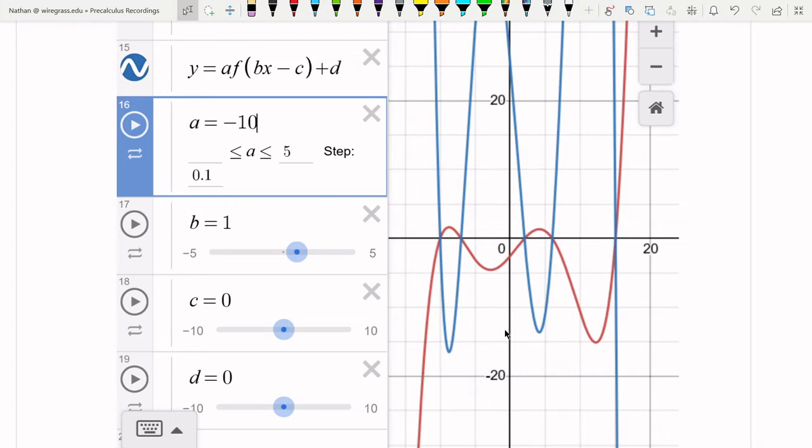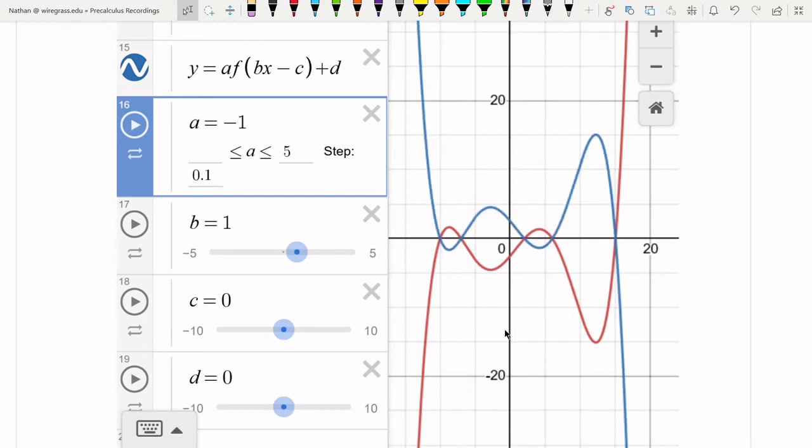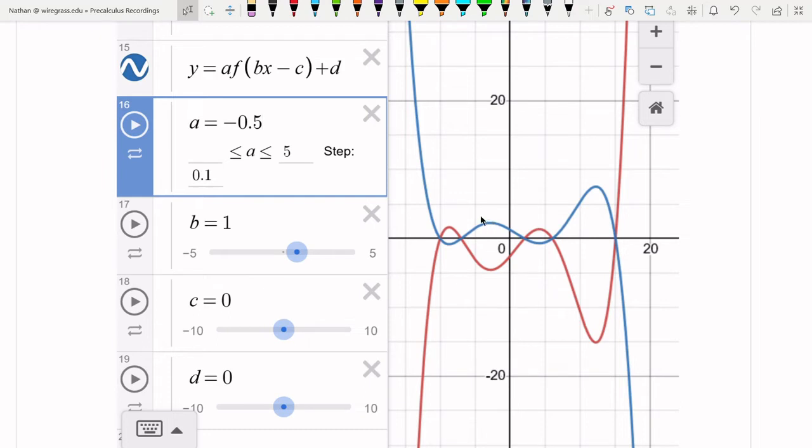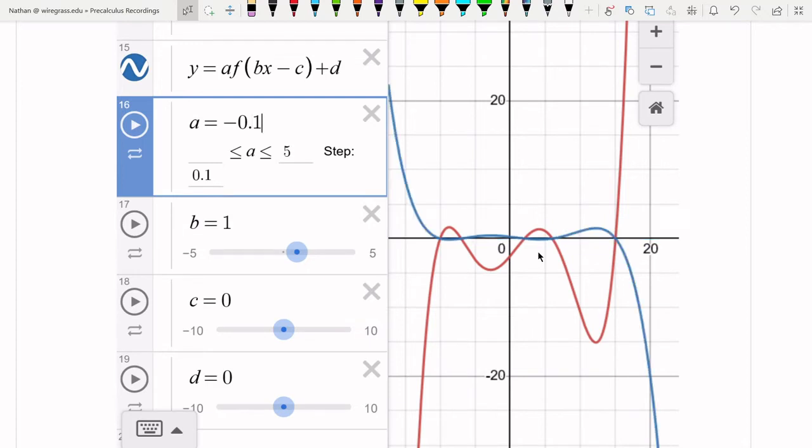And finally, if I go greater than -1, but less than 0, so for instance, -0.5, it's not looking as clear. Let me go a little bit smaller. You can see it's being flattened. So it's been flipped and then flattened down. And that's what we're looking at here.